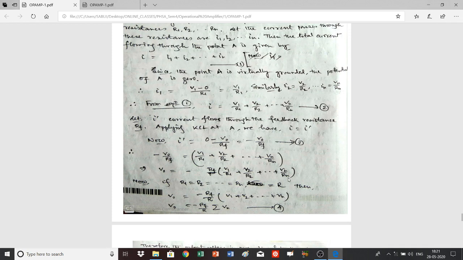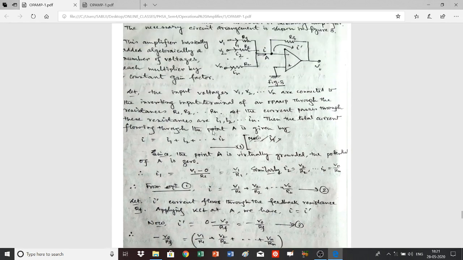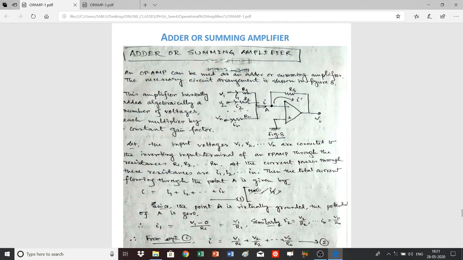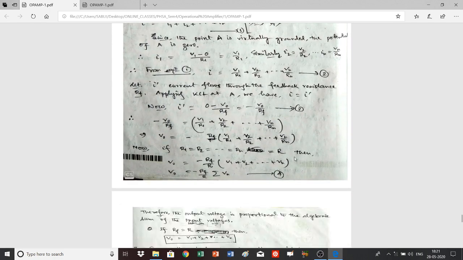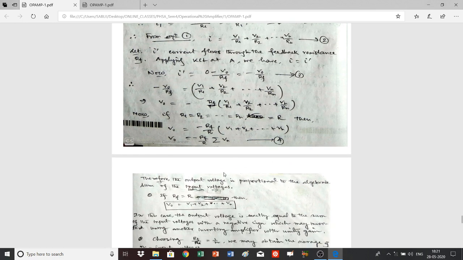Now, if you consider that these resistances R1, R2, up to Rn are all identical and have the same value R, then you can write V0 is equal to minus Rf by R into V1 plus V2 plus up to Vn. That means V0 is equal to minus Rf by R times the sum of Vn.